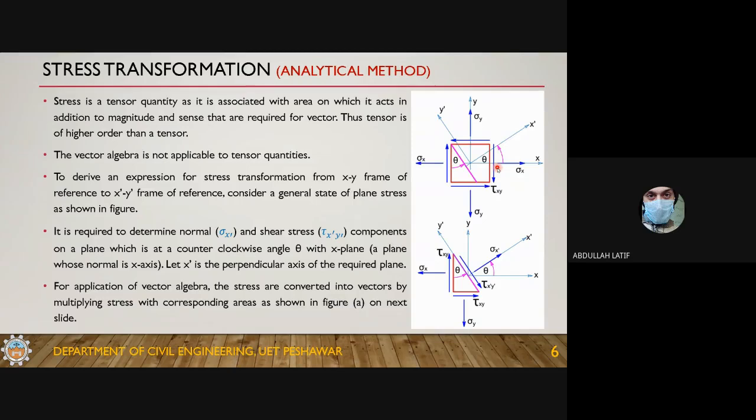For every tensor quantity, is the other quantity required only the area? No, the other quantity depends on the quantity. For the moment of inertia, it depends upon the axis. So we say Ix, we say Iy, and we say Ixy.